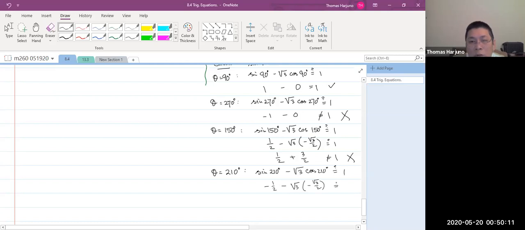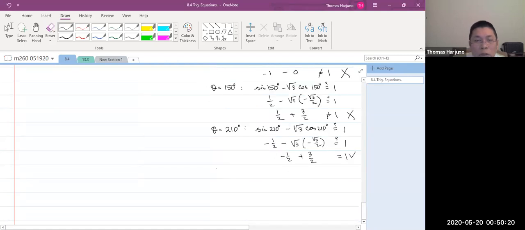Is it equal to 1? Negative 1/2 plus 3/2. Oh, that's equal to 1. So the solutions are theta equals 90 degrees and 210 degrees.